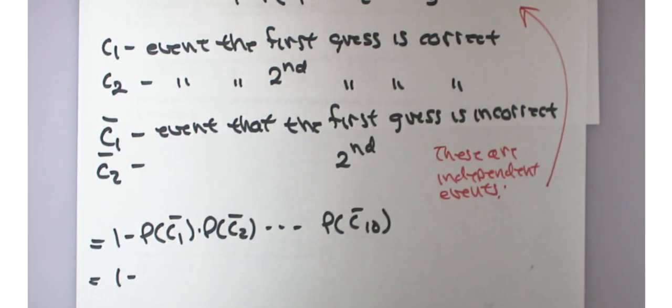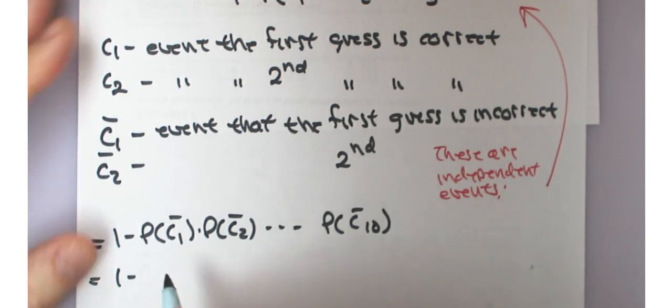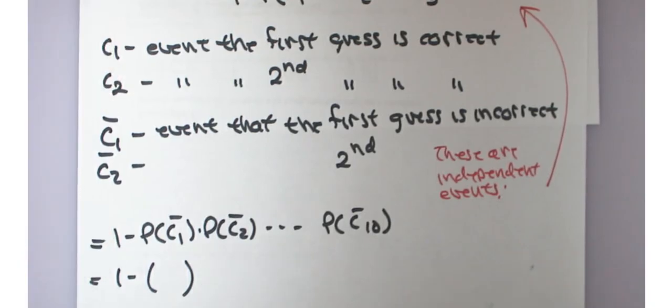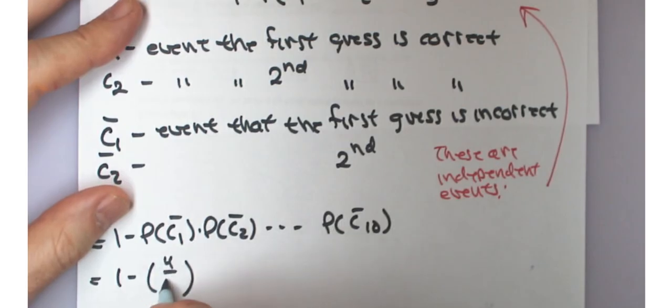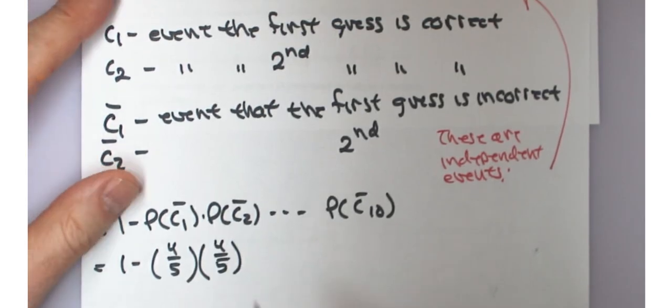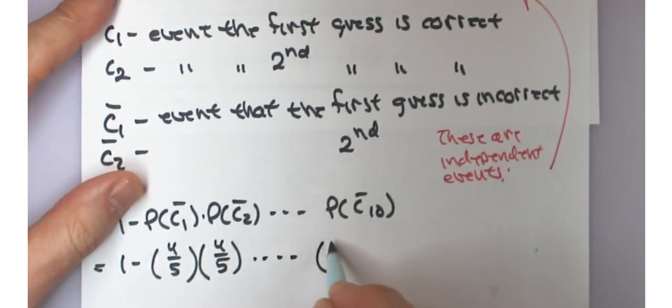I hope this is a most 4. If there was 5, then it would be kind of a bummer. It would feel rigged. So the probability that they guess wrong would be what? 4 out of 5. And then it's going to be the same probability for the next one. 4 out of 5.